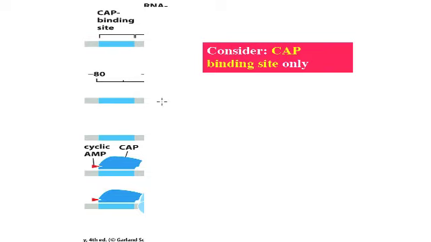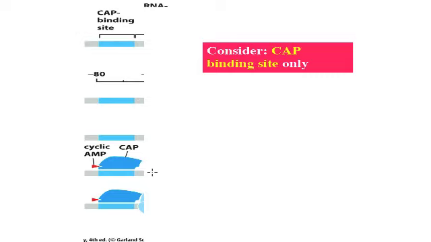So summarizing, the top part here shows us what happens when the cell is feeding on glucose. There is no need to feed on lactose, so the CAP protein is no longer sitting on the CAP binding site, and the rate of transcription, the helping of the RNA polymerase to bind to the promoter, which will be here, is reduced to a minimum level.